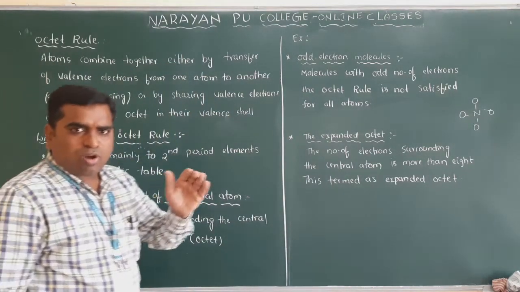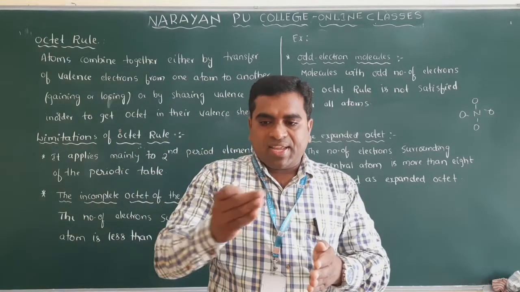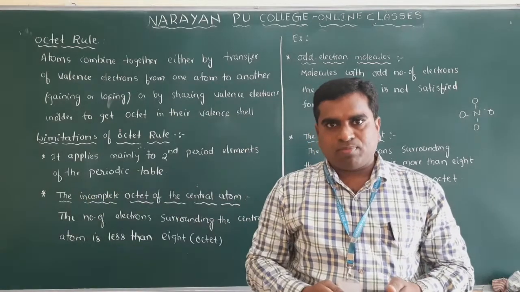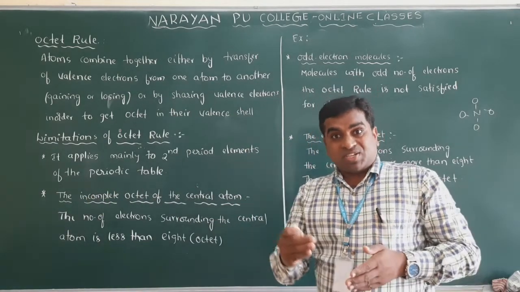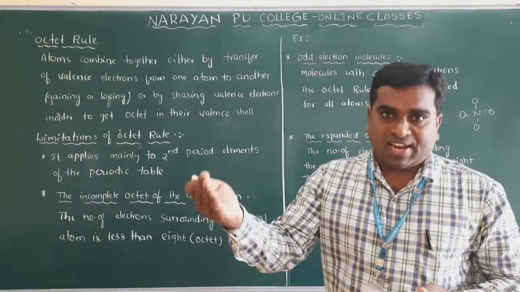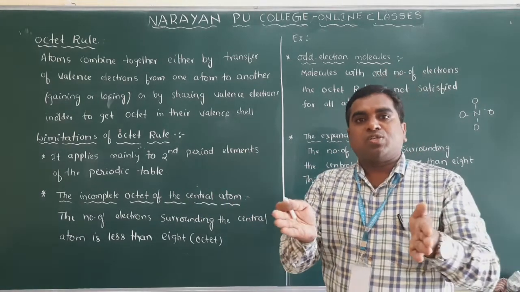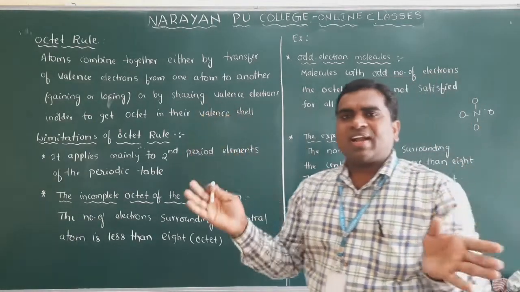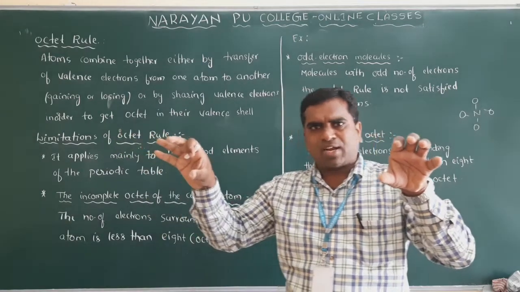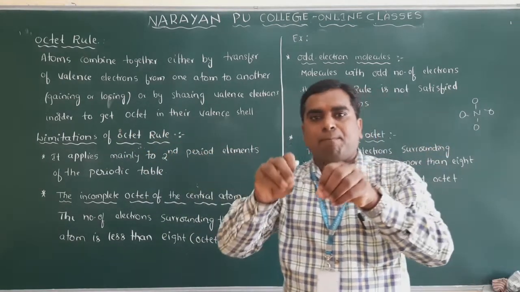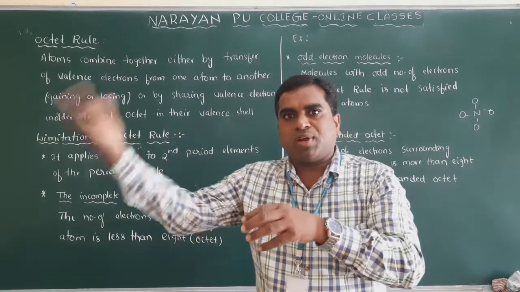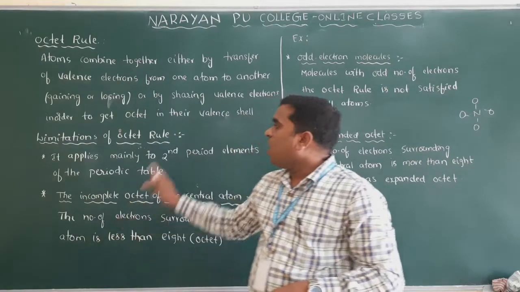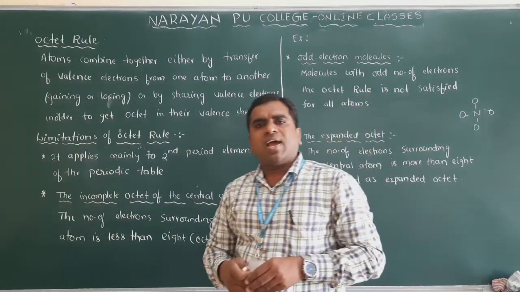The atoms of the elements combine together, either by transfer of electrons from one atom to another atom, or by sharing of valency electrons, in order to get the octet in their valency shell. To get the octet, atoms combine, either by transferring electrons or by sharing electrons, and that rule is called the octet rule. But this octet rule has some limitations.